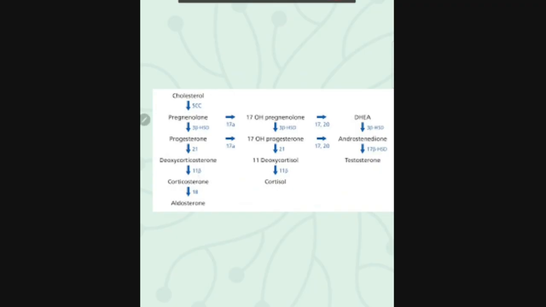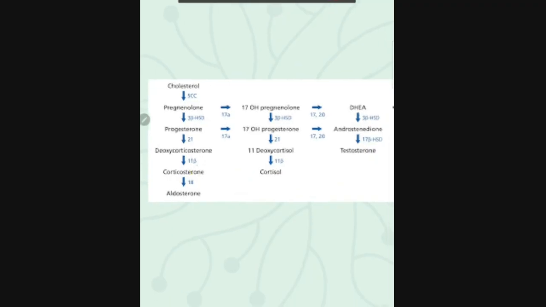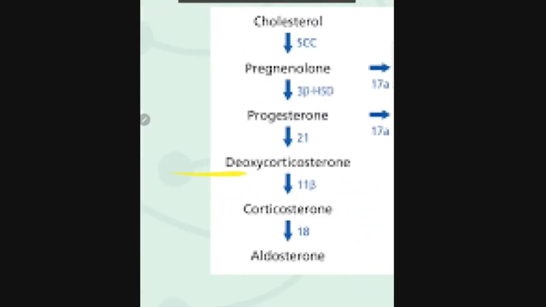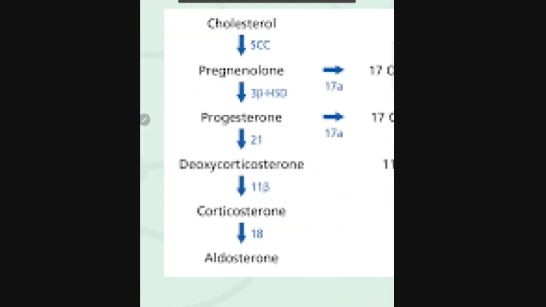So if 11 beta hydroxylase is lost, what did we say? Deoxycorticosterone will accumulate. What will happen if deoxycorticosterone accumulates? That itself can perform the function of mineralocorticoids, so it will cause salt and water retention.